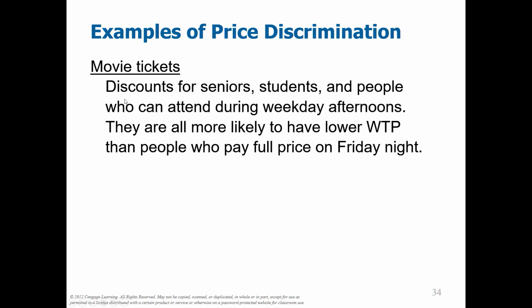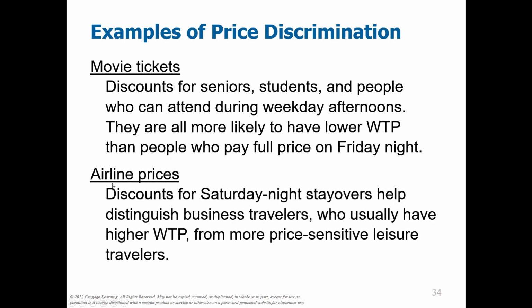Movie tickets: discounts for seniors, students, and people who can attend during weekday afternoons. They are all more likely to have lower willingness to pay than people who pay full price on Friday night. Therefore, I charge less for people who are willing to pay less and more for people who are willing to pay more. So that's a way of price discrimination.